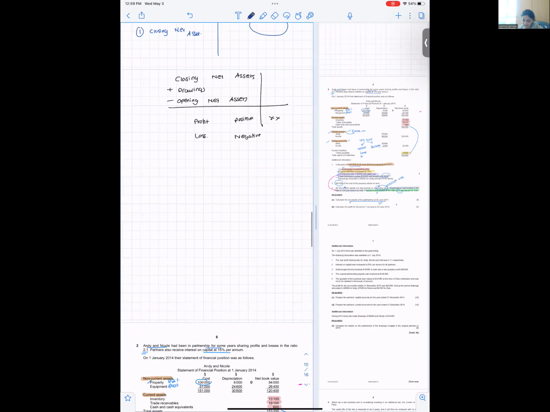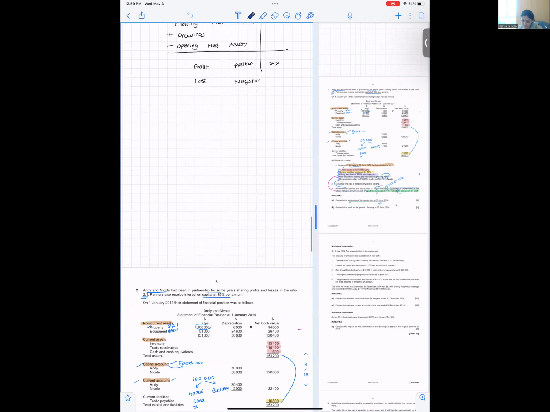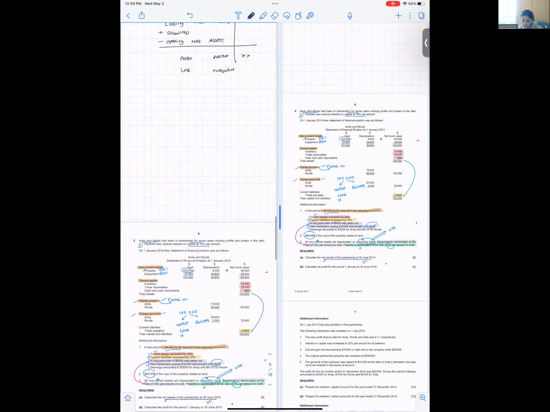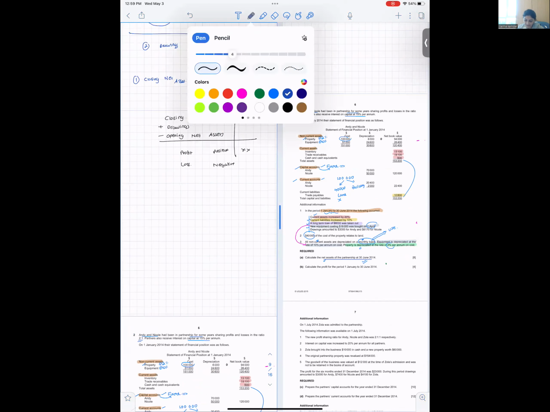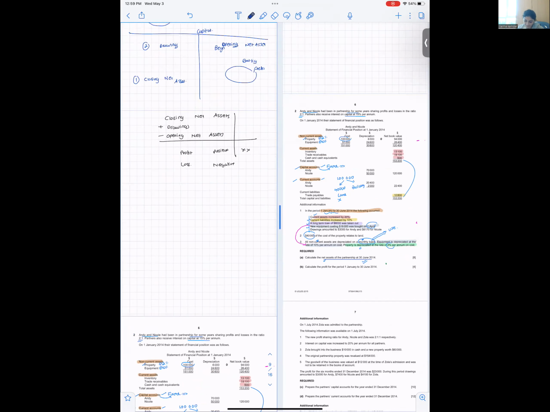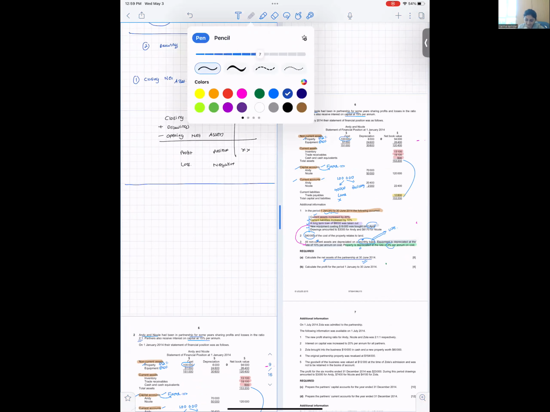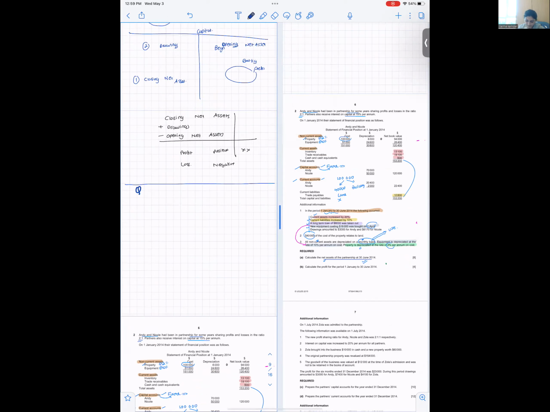Let's calculate the net assets of the partnership. Net assets means total assets minus your total liabilities. So what are my total assets? We are answering question number 2A. Total assets minus total liabilities.